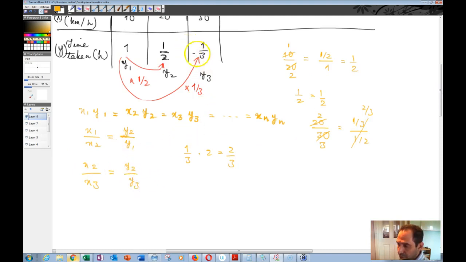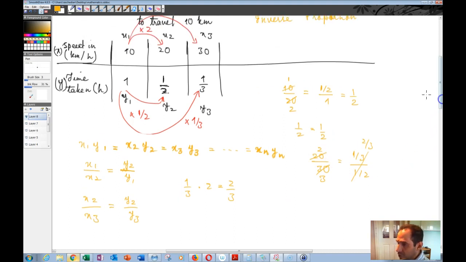But since this is an inverse proportion, as you saw over here, the ratio of these two numbers, 20 to 30, was equal to 1/3 to 1/2. So you can say that x2 to x3 is the same thing as y3 to y2. So that's basically called inverse proportion.